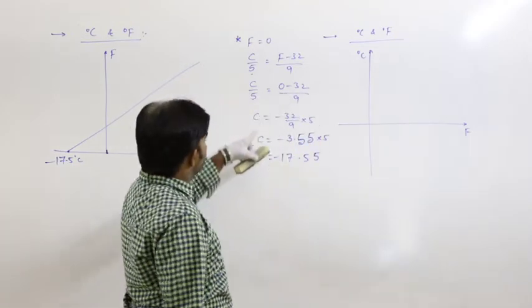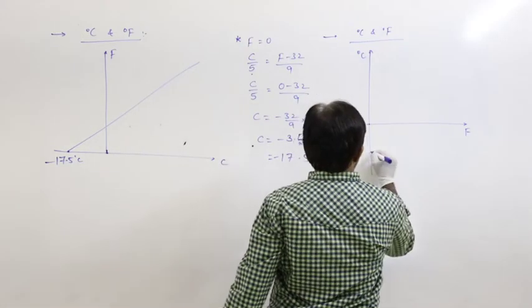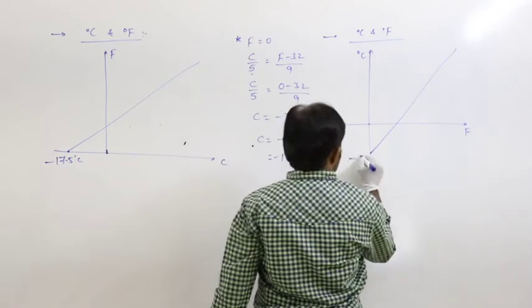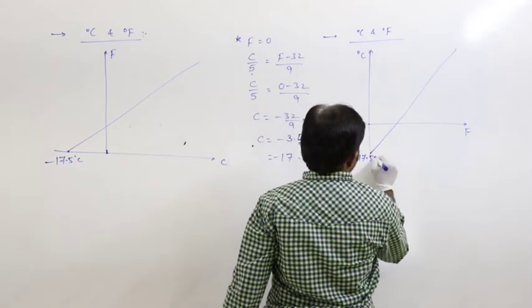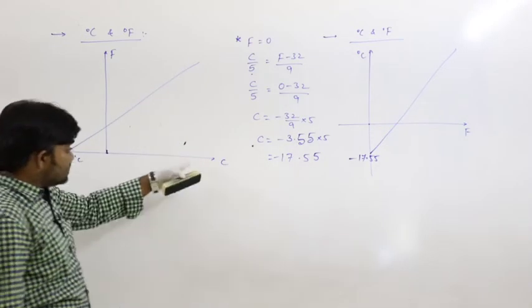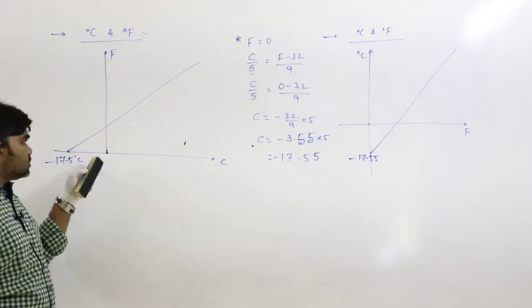So F is 0, the x component is 0, but the y component is minus. That's why this is the shape of the graph. This is minus 17.55 degrees Celsius. If Celsius is along the x-axis and Fahrenheit along the y-axis, this is the shape of the graph.